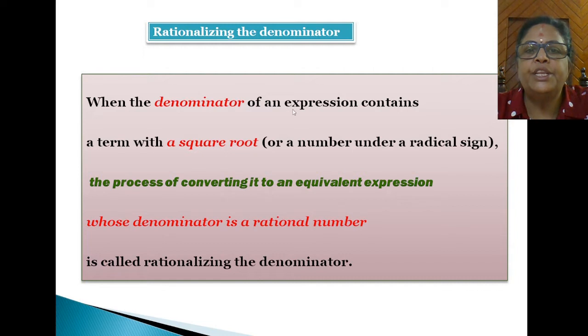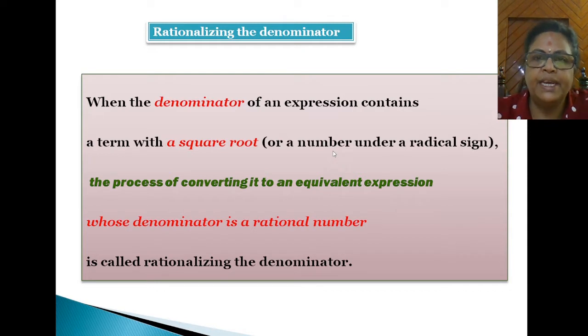When the denominator of an expression contains a term with a square root or a number under a radical sign, like root 2, root 3, root 5, root 7, the process of converting it into an equivalent expression whose denominator is a rational number is called rationalizing the denominator.